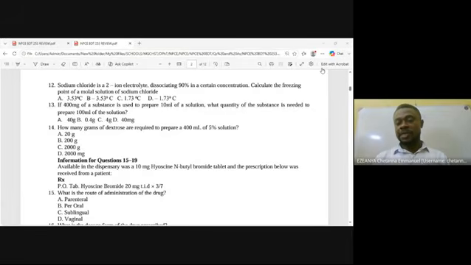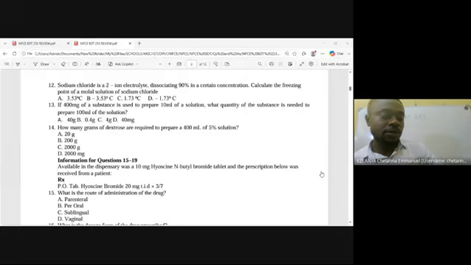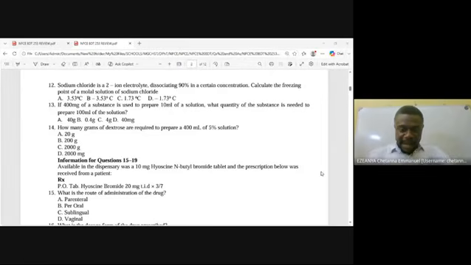Before solving the question, we first calculated the I factor, which we got as 1.9. Having gotten the I factor, we then move to finding the freezing points.